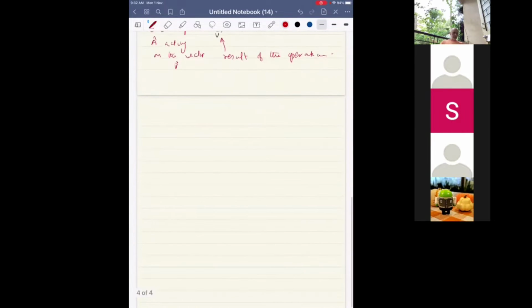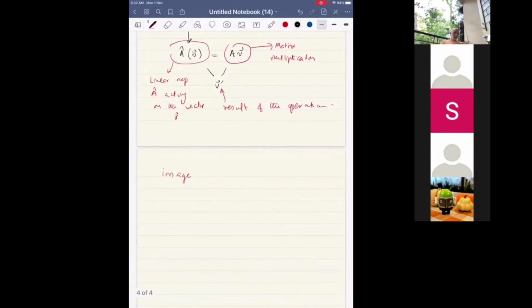Okay, so now I can ask, what is the image? When you have a matrix in row echelon form, you can immediately read off the image. The image of the linear map A hat and the kernel of the linear map A hat are of interest. Whenever you are given a linear map, these two are of interest.